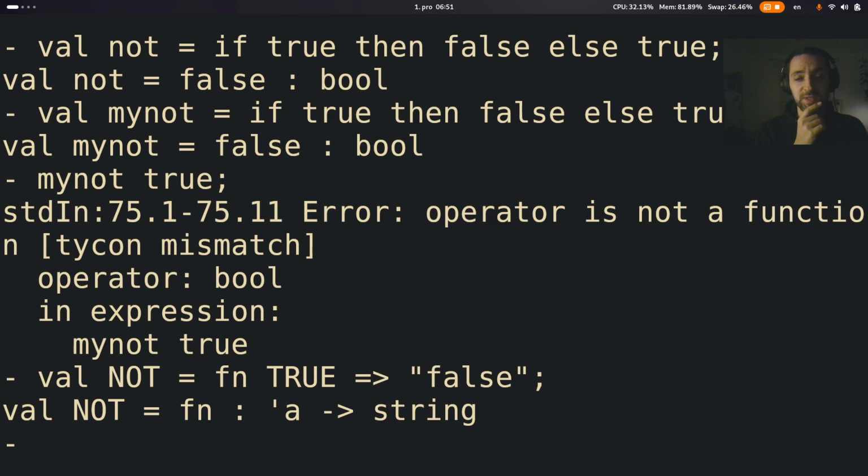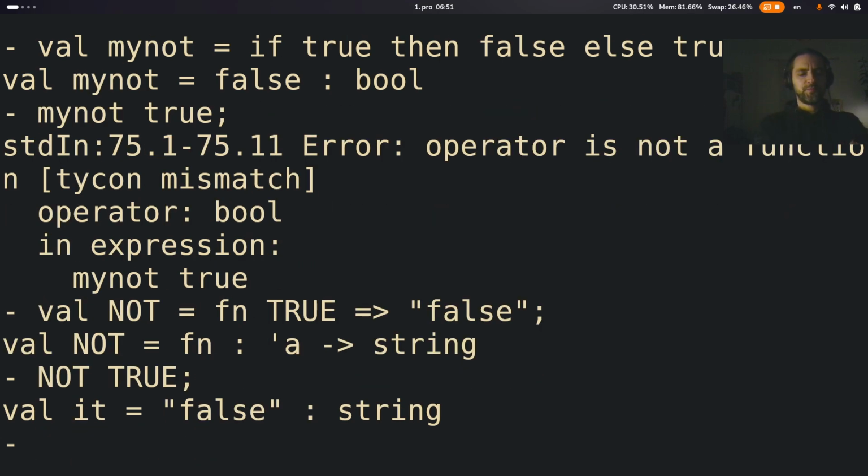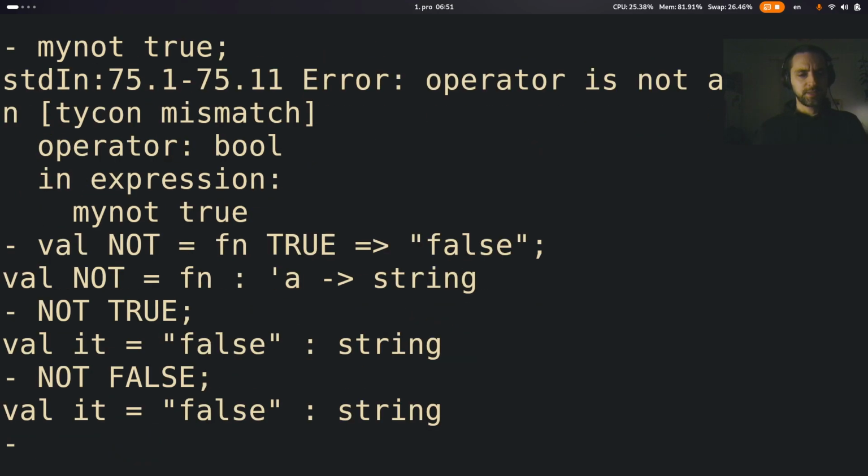I don't have conditionals. That's not true. So not true returns false. And not false returns false. No, that's not correct.